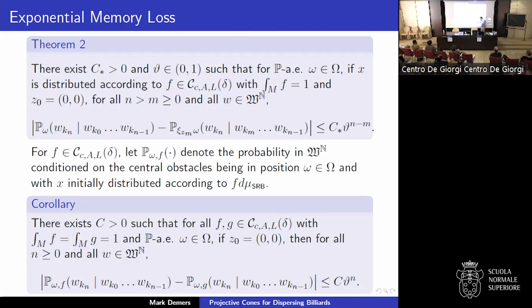If you flow forward n steps starting at g, or flow forward n steps starting at f, both f and g starting in the cell 0,0, then you get exponential memory loss with rate theta to the n. So these are just formal statements of those ideas that once you adopt the lazy gates, you can get this exponential memory loss, both versions of it, for this toy model of an aperiodic Lorentz gas. And I'll stop there. Thank you very much.